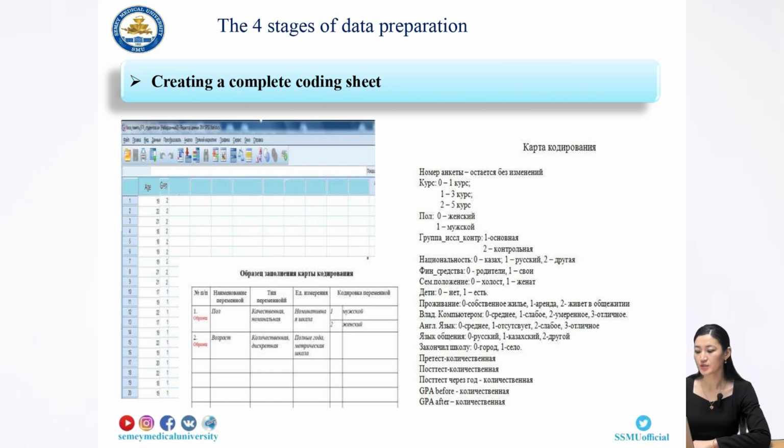For statistical processing, the raw data must be presented in tabular form. Each row in the table corresponds to one observation unit, and each column corresponds to one indicator. All necessary information should be included in the table. Usually, each participant in the study is assigned a unique identification number.